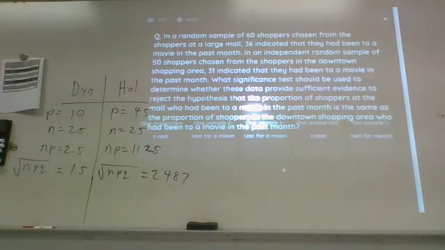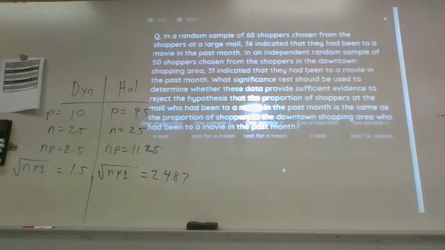Interesting. In a random sample of 60 shoppers chosen from the shoppers at a large mall, 36 indicated that they had been to a movie in the past month. Good for them. In an independent random sample of 50 shoppers chosen from the shoppers in a downtown shopping area, 31 indicated that they had been to a movie in the past month. I like the fact that they threw in the word independent.